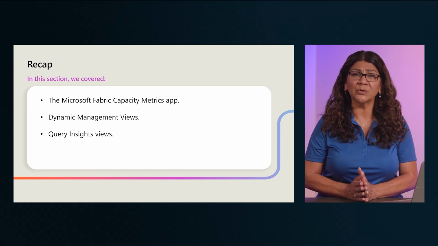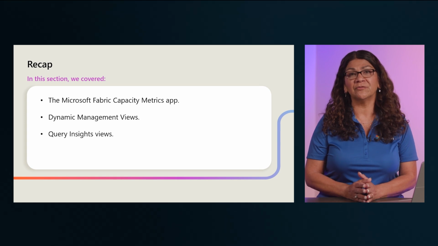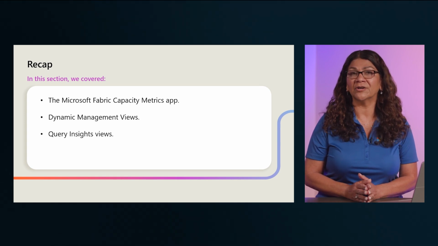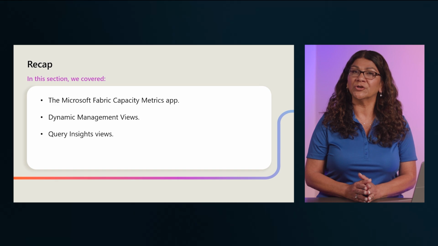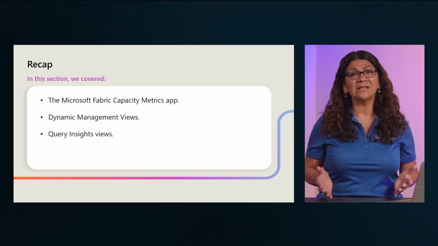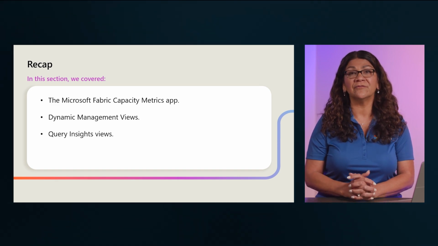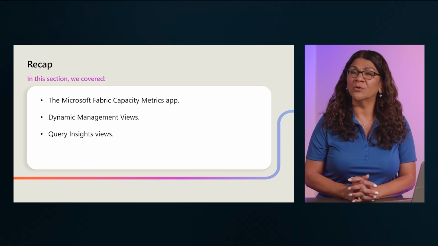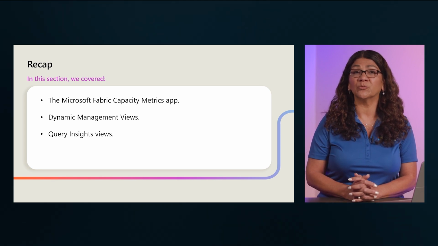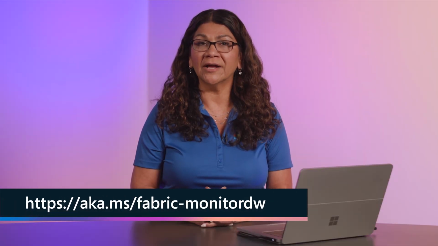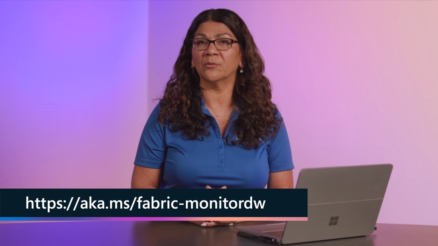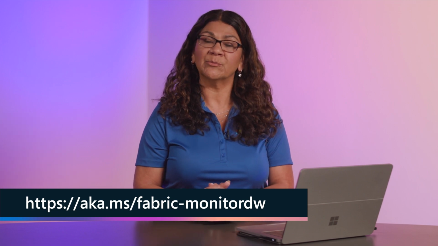We also explored a few dynamic management views to help us identify current activity and even terminate sessions. Lastly, we looked at our Query Insight views that give us even more detail about the queries running in our environment. For more information on how to monitor a Microsoft Fabric data warehouse, please see the link provided here.